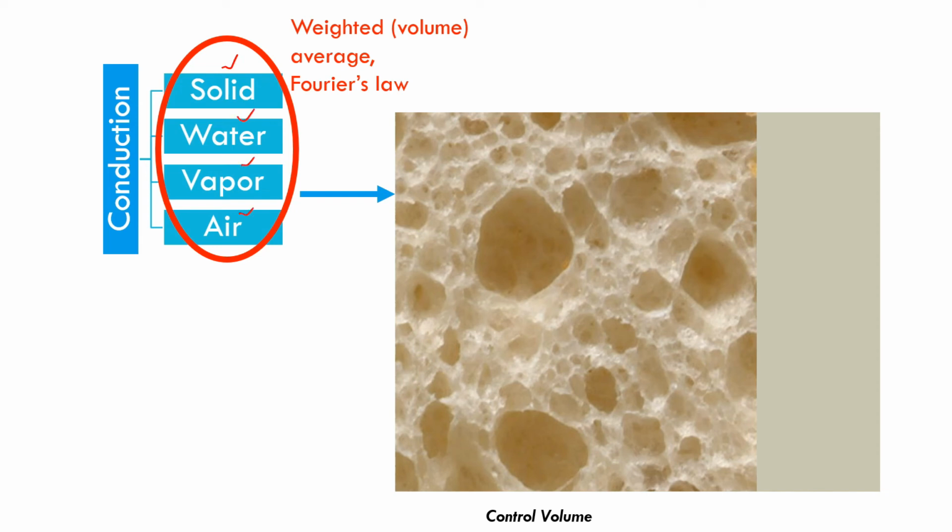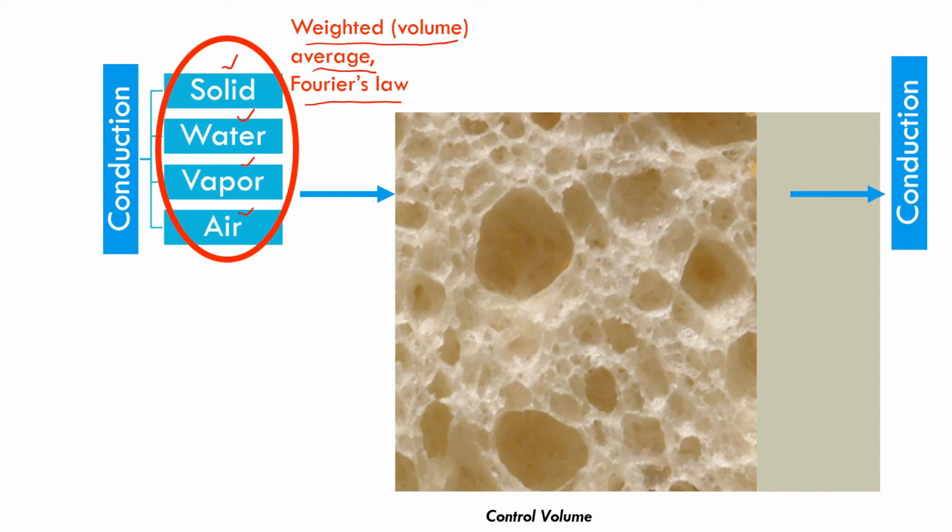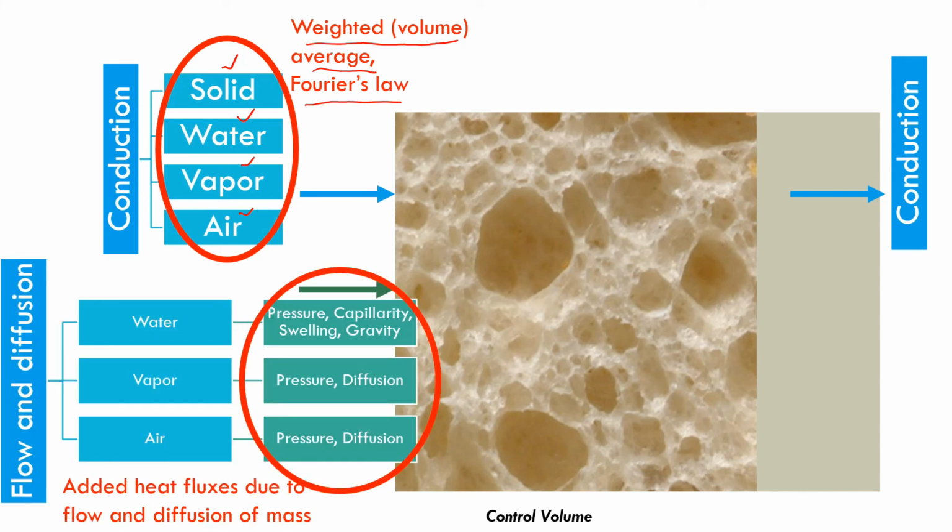So we include all of the heat conduction through a volume weighted average of the thermal conduction when we use Fourier's law. Likewise, for convection or flow and diffusion related heat transport.